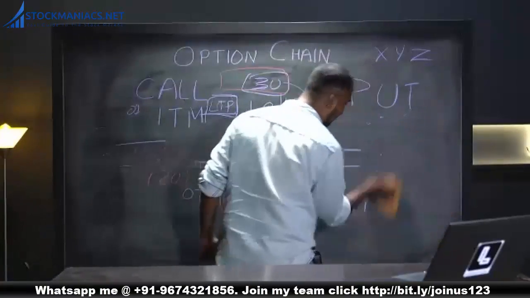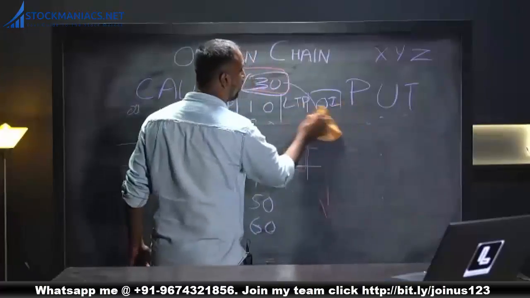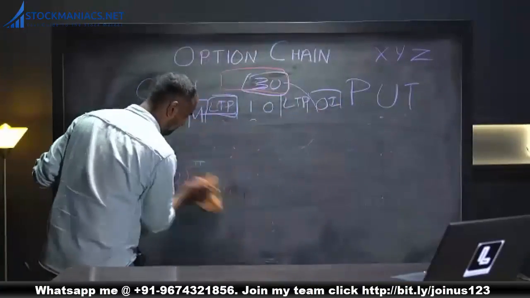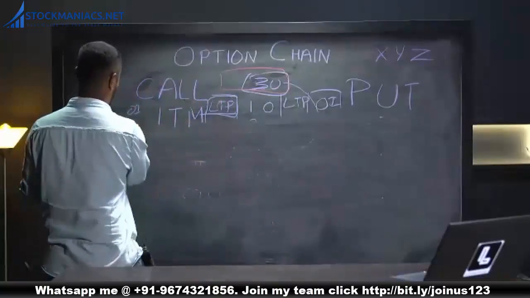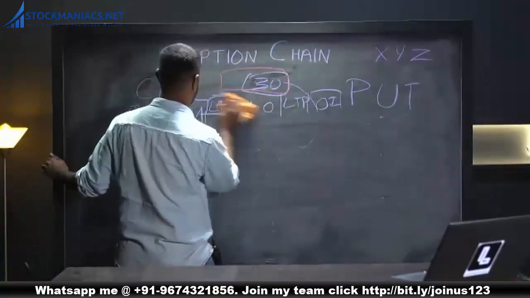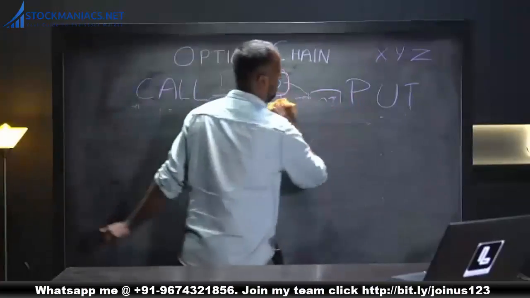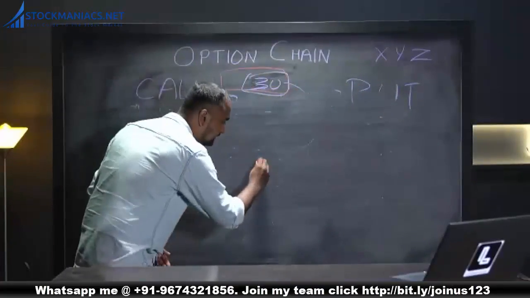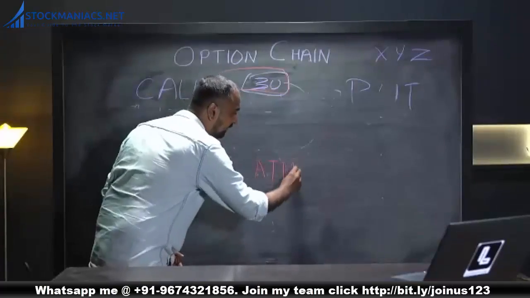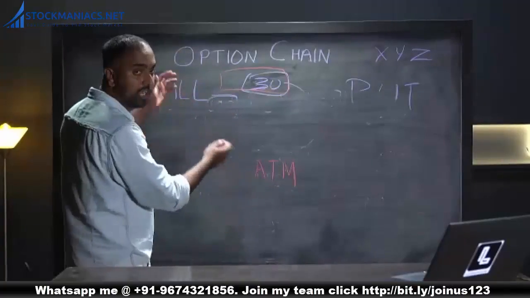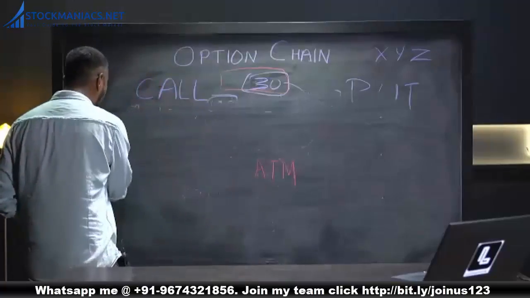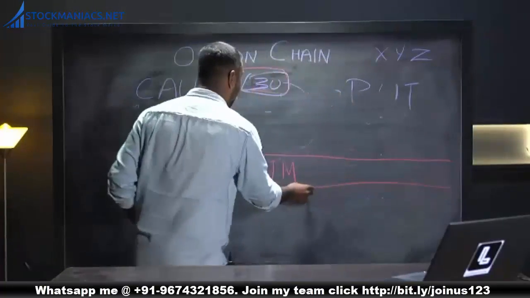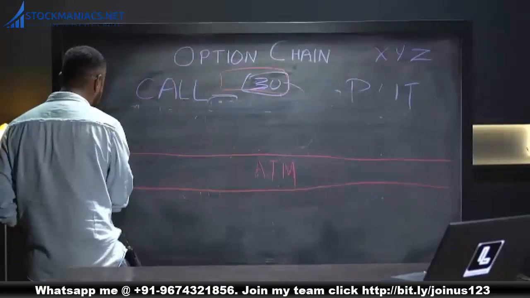What happened in IEX, and exactly with this process, you can do a lot. For example, this is ATM. I mostly look at ATM and also at what's happening in OTM and ITM. But mostly ITMs have liquidity issues because of the bid-ask spread.